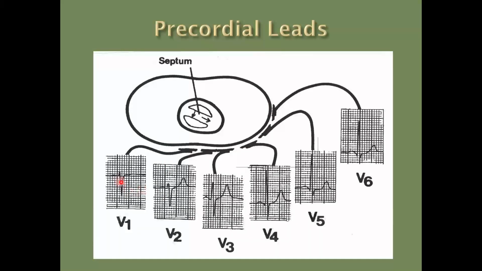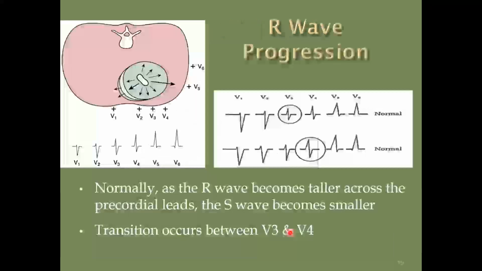These are your precordial leads, and they go around the front and look at the heart. You can see here that the R wave gets progressively bigger as it goes around. We call that R wave progression. And we have what's called transition, where you have equal positive and equal negative, equal R and equal S. That should occur between V3 and V4. So we look to see when that transition is occurring, knowing that in the normal heart it's V3 and V4.